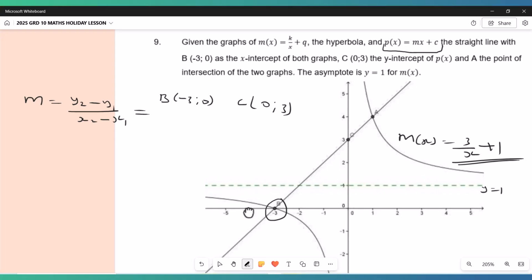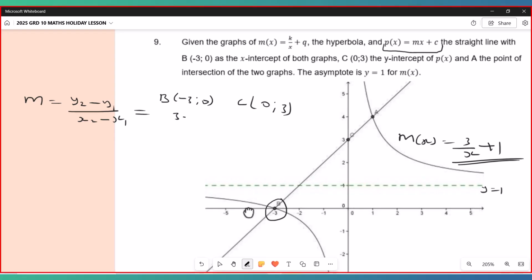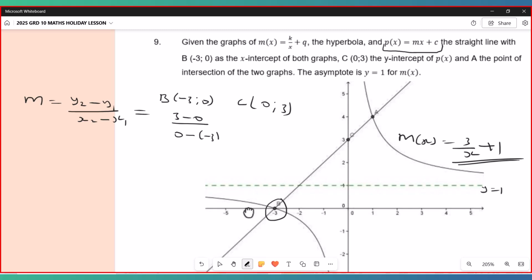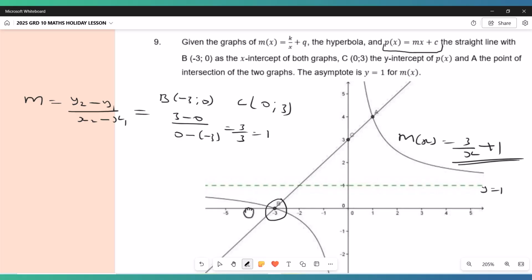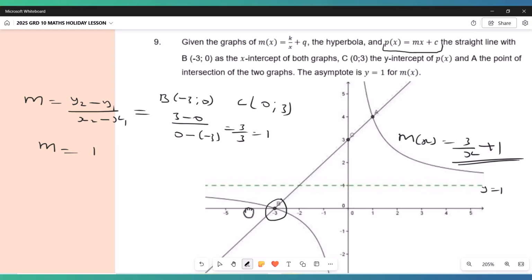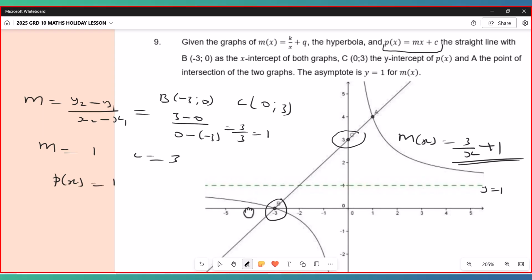So my gradient is 3 minus 0 divided by 0 minus negative 3. It's going to give us 3 over 3, which gives us 1. So we have our gradient m as 1. Also we have our intercept here, which is this 3, so our intercept c is 3. So therefore the equation of our p of x equals m, where m is 1, x, plus 3.